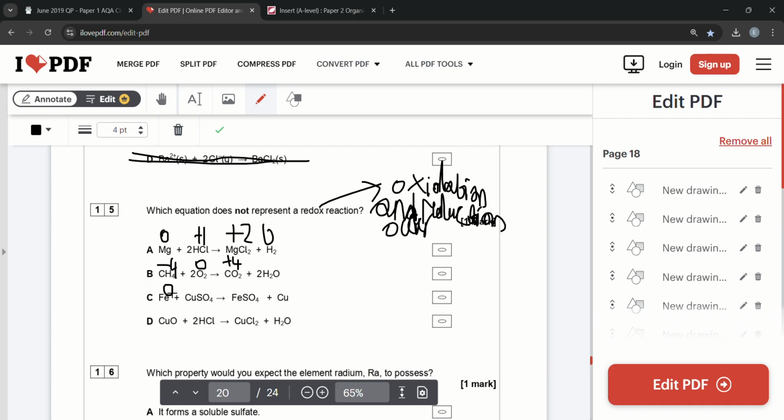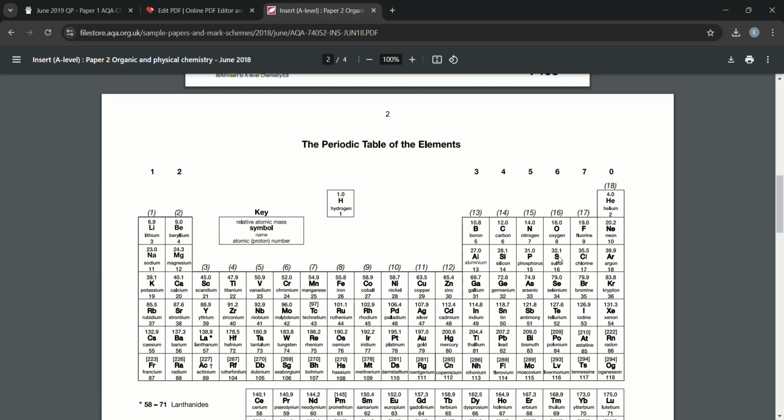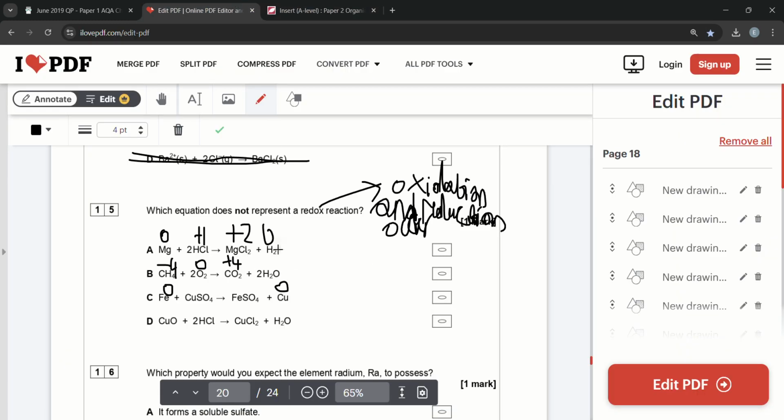C, 0, 0, -8. Sulfur's in group 6, -10, so that's going to be +10. So the answer is going to be D. That's not a redox reaction.